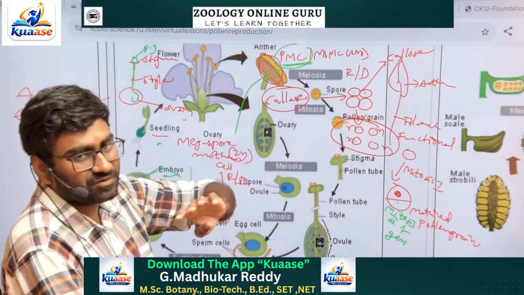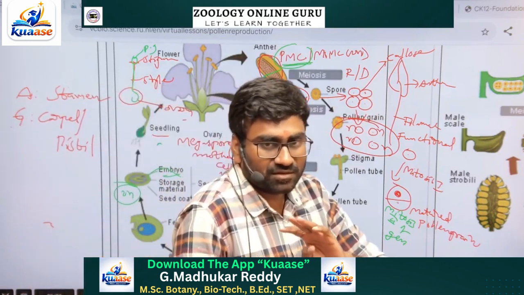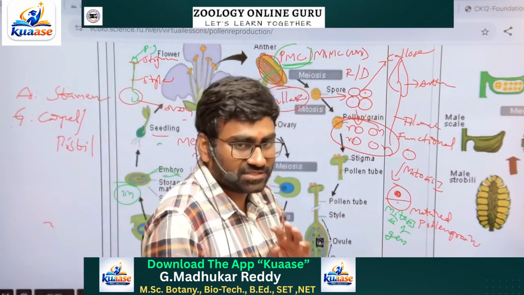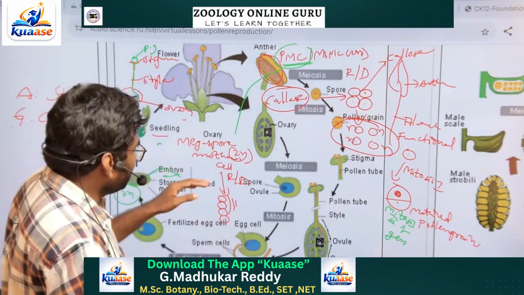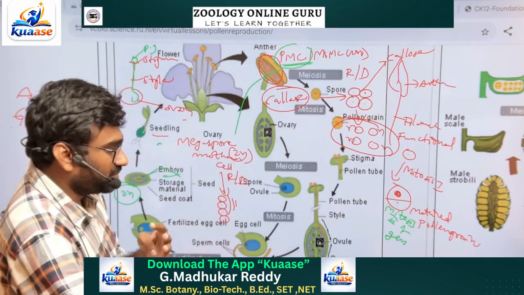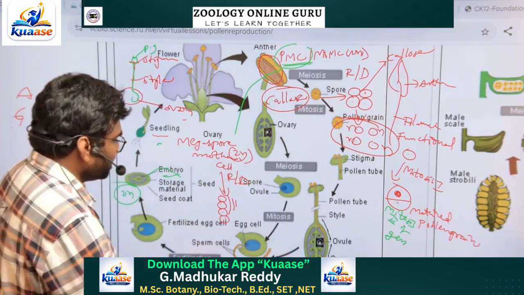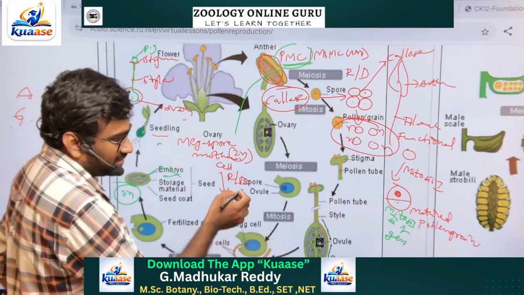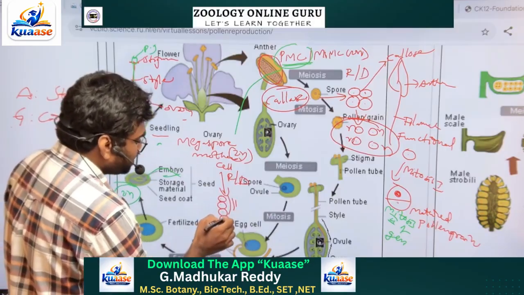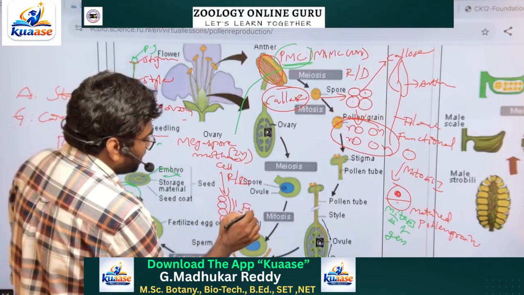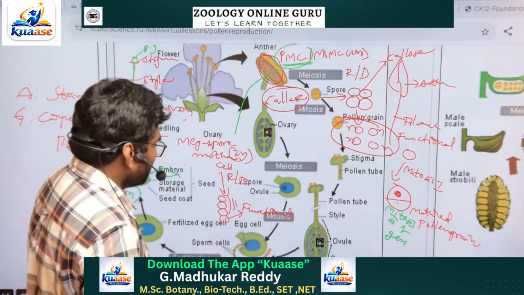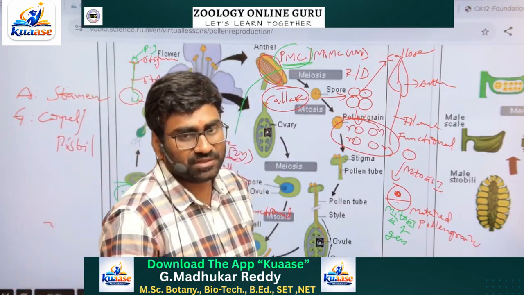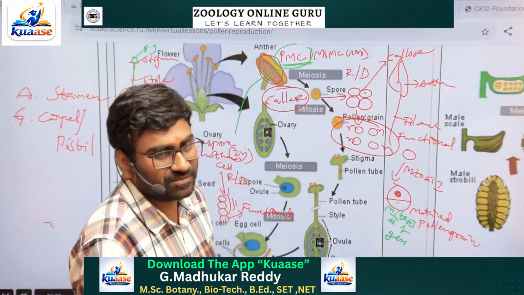Pollen mother cell produces the 4 pollen grains, and all the pollen grains are functional in nature. But the megaspore mother cell produces 4 megaspores, out of which 3 cells will degenerate. Only one is the functional megaspore. This functional megaspore finally develops into the mature egg embryo sac, also called the female gametophyte.